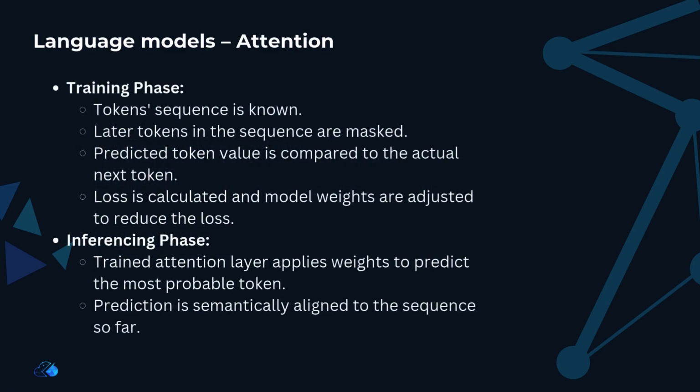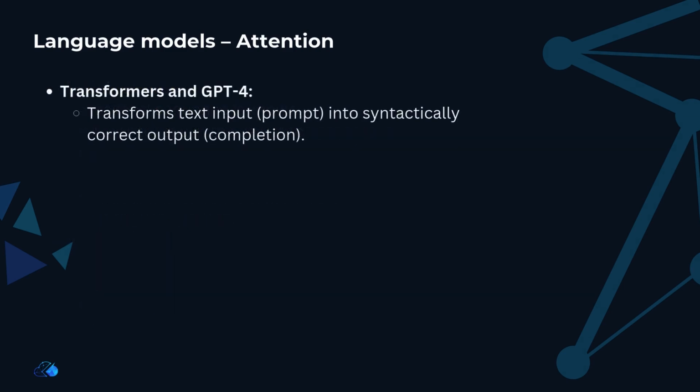When used for inferencing, predicting a new sequence of tokens, the trained attention layer applies weights that predict the most probable token in the model's vocabulary that is semantically aligned to the sequence so far. With all that said, transformer models such as GPT-4, the model behind ChatGPT and Bing, are designed to take in a text input called a prompt and generate a syntactically correct output called a completion.